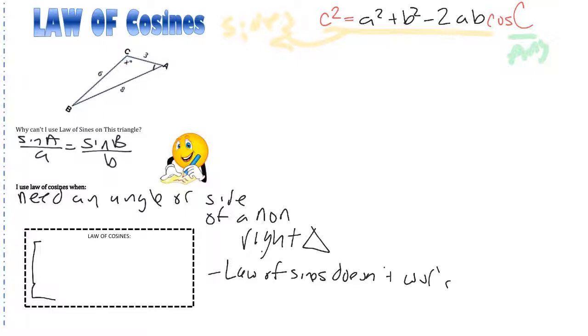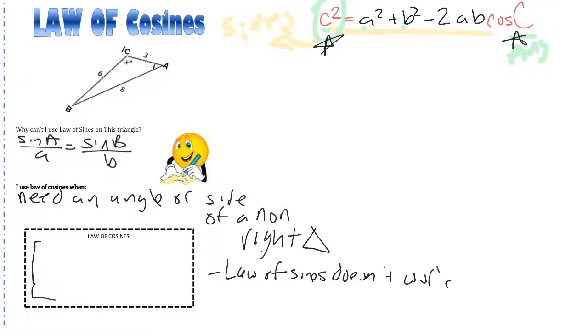It looks like the Pythagorean theorem because there's c squared, a squared, b squared, and then minus 2ab cos C. When we had our Pythagorean theorem, the hypotenuse was always c squared. But since this is not a right triangle, c squared is not the hypotenuse. C is the side or angle pair that we're trying to find. So I think about it as the important side or angle.